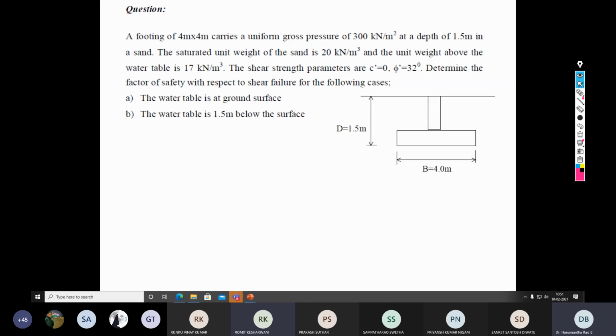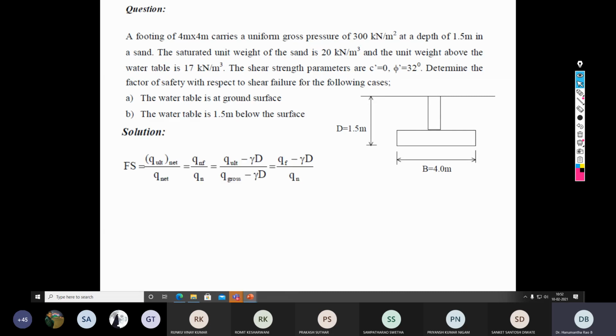Only the self-weight component. So could anybody solve it? Sir, what are the values of Nc and Nq? Okay, so let me give the solution.